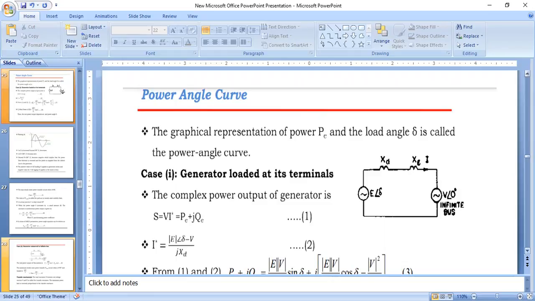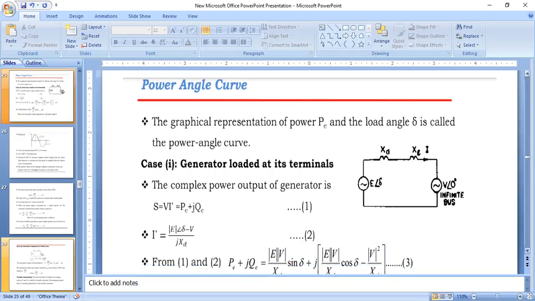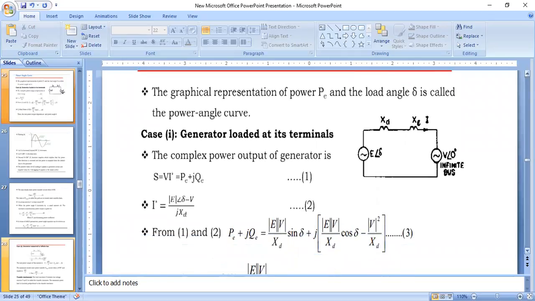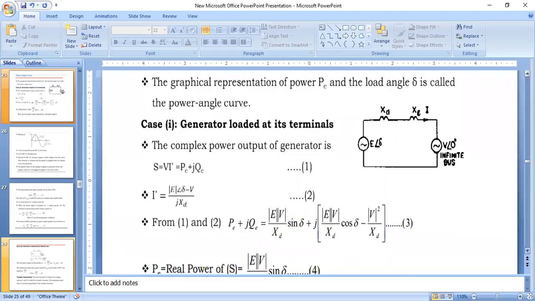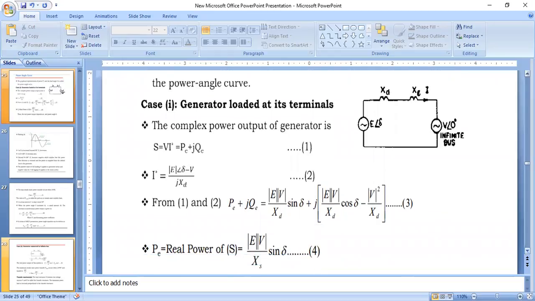Case one: the generator loaded at its terminals. Now the generator is connected as a load at the power system's terminals, as shown in this figure. The complex power output of the generator is S = VI* = PE + jQE, that is equation 1. But I = (E∠δ − V)/(jXd).